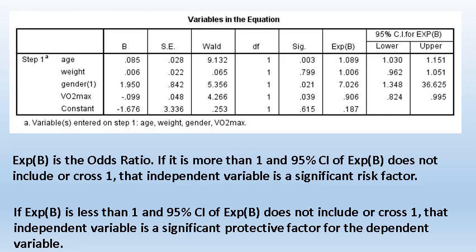But if you look at the 95% confidence interval of exponential B, it varies from 0.962 to 1.051. So it is crossing the null value of 1 or it includes the null value of 1. So weight is not a statistically significant risk factor or weight is not a significant independent variable.